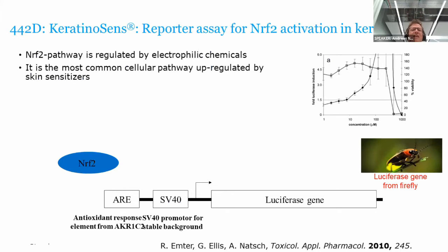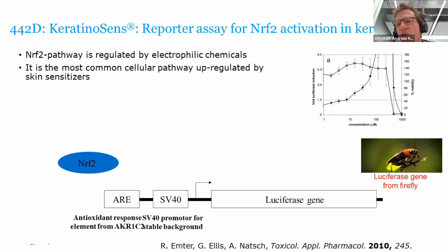And then we have the assay which we developed in our lab, which is the KeratinoSens, which is based on an NRF2 reporter assay, because it was found that the NRF2 pathway, which is regulated by electrophilic chemicals, is actually the most common cellular pathway upregulated by skin sensitizers.